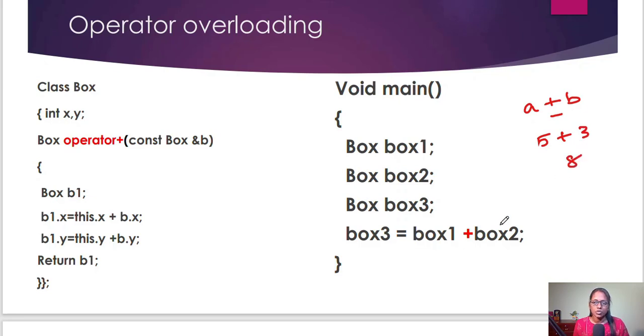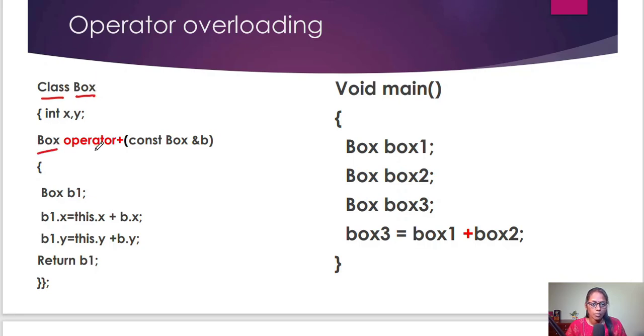So now I am going to define a new concept for this operator. So I am going to use an object in the place of operand. If I want to give a new meaning for the operator, I have to use a class. This is box, this is the object.